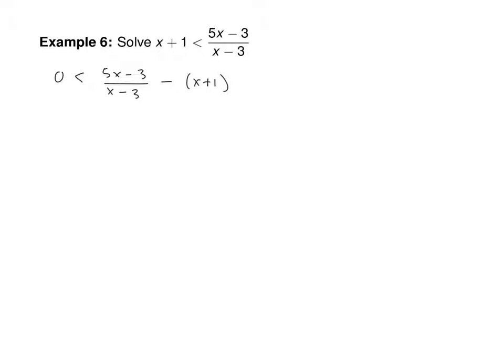Okay, now that you've done that, what do you have to do? Common denominator. So that x plus 1 is over 1. Multiply it by x minus 3 over x minus 3.